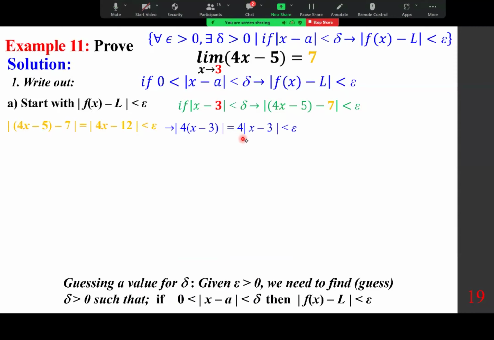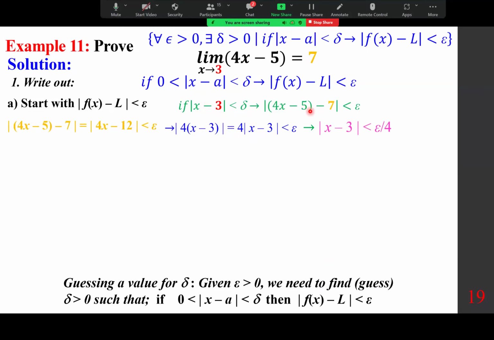So again, when you compare this one to this one, it's the same thing times 4. Or you can say, okay, if I divide this one by 4, it becomes identical to that. So we're going to divide by 4.